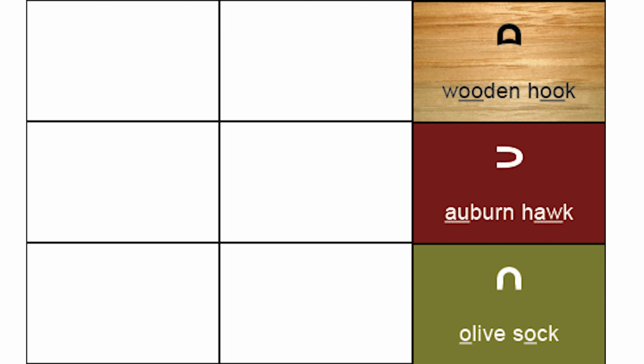Here are the back vowels. The first one is the sound in wooden hook. It's the vowel in words like foot, put, bush, full, good, look, and wolf. The second is the vowel in auburn hawk. It's the sound in words like thought, taught, sauce, hawk, jaw, and broad.